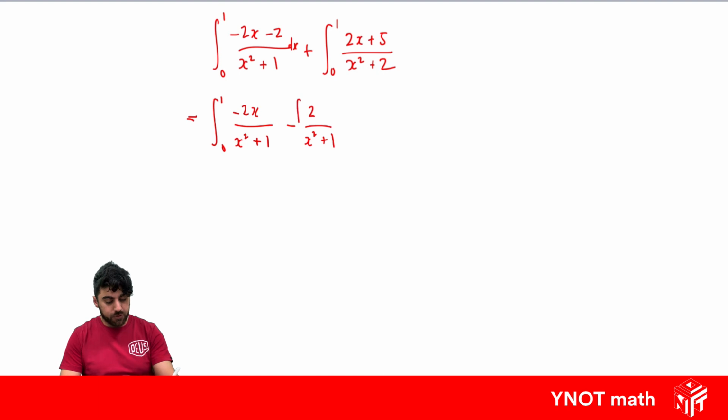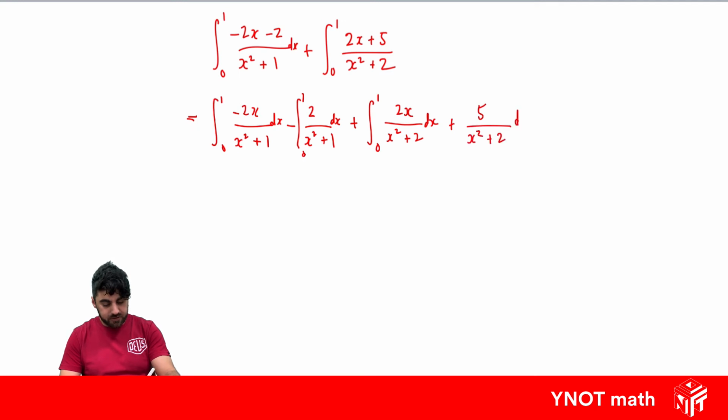And we can do all of these integrals separately. Plus the integral from 0 to 1 of 2x over x squared plus 2, should all have dx, plus 5 over x squared plus 2 dx. So here we've got 4 integrals to evaluate.